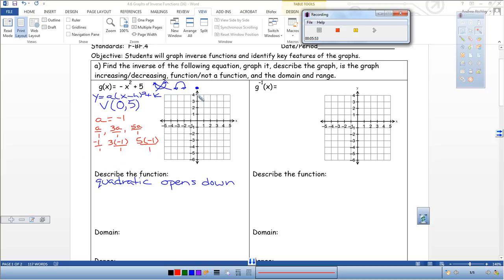So from here, I'm going to go down 1 over 1, down 1 over 1. Then I'm going to go down 1, 2, 3, and over 1. Then down 1, 2, 3, and over 1. Then down 5, 1, 2, 3, 4, 5, and over 1. Down 1, 2, 3, 4, 5, and over 1. And this is my beautiful parabola.